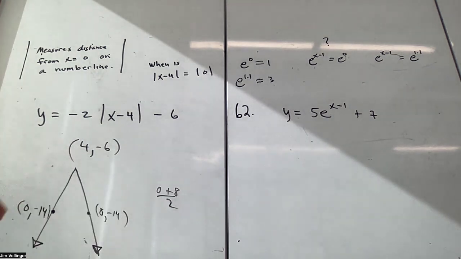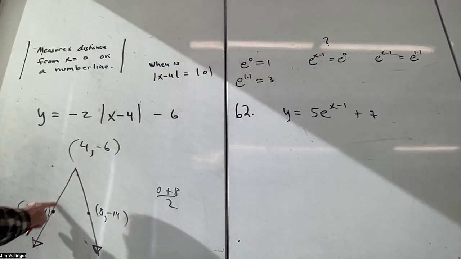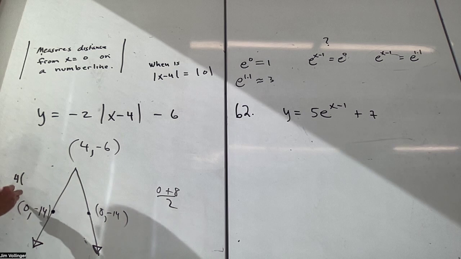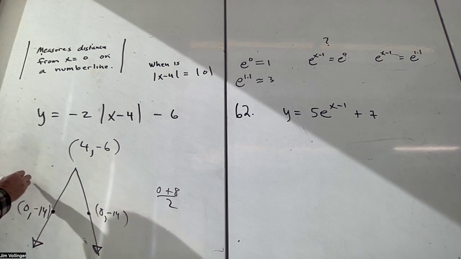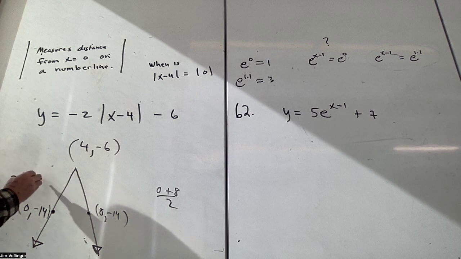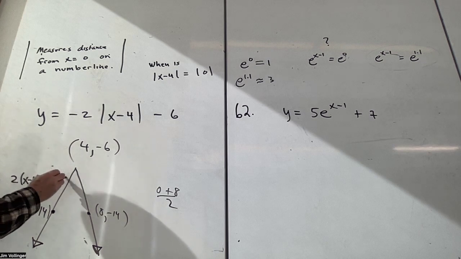Now, other places on the test, if I follow my finger from left to right, I'm going up. So this side is -2 times -1 becomes +2 times (x - 4) - 6 when x's are less than 4.